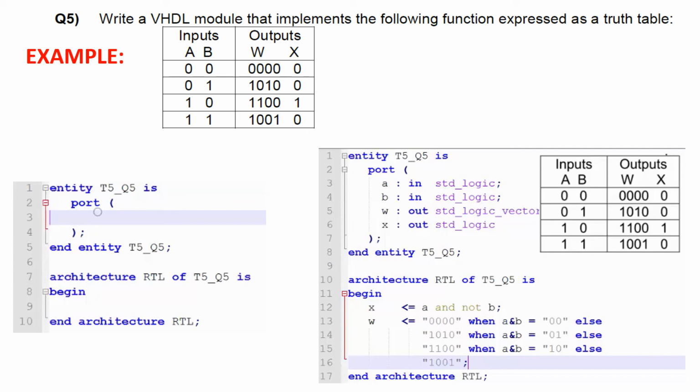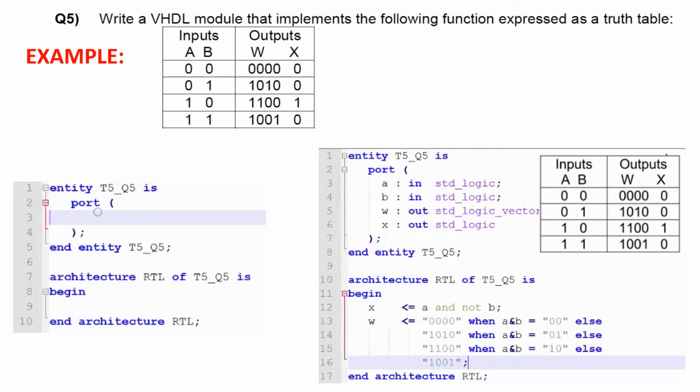And for W, you can see there are a couple of situations. When AB is 0 0, you're getting this one, 0 1 this one, 1 0 this one, 1 1 this one. So that's why you write W equals "0 0 0 0" when A and B equals "00". The ampersand is putting things together. That means A is 1 bit, B is 1 bit, so A and B together are 2 bits. There is a double quotation for a vector, but if it is a single bit, then a single quotation.